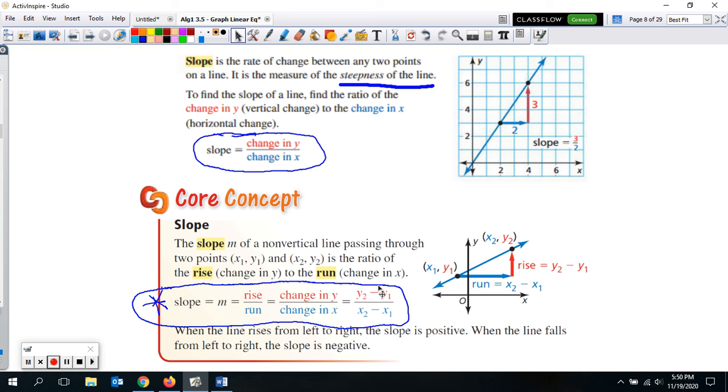This one says y2 minus y1 over x2 minus x1. You could go the other way as well. You could do y1 minus y2 over x1 minus x2. The main point there would be if you start with this point for x, you have to start with this point for y as well. So that's why these should match up. These are the second points from the second ordered pair here. This is from the first ordered pair on this one.